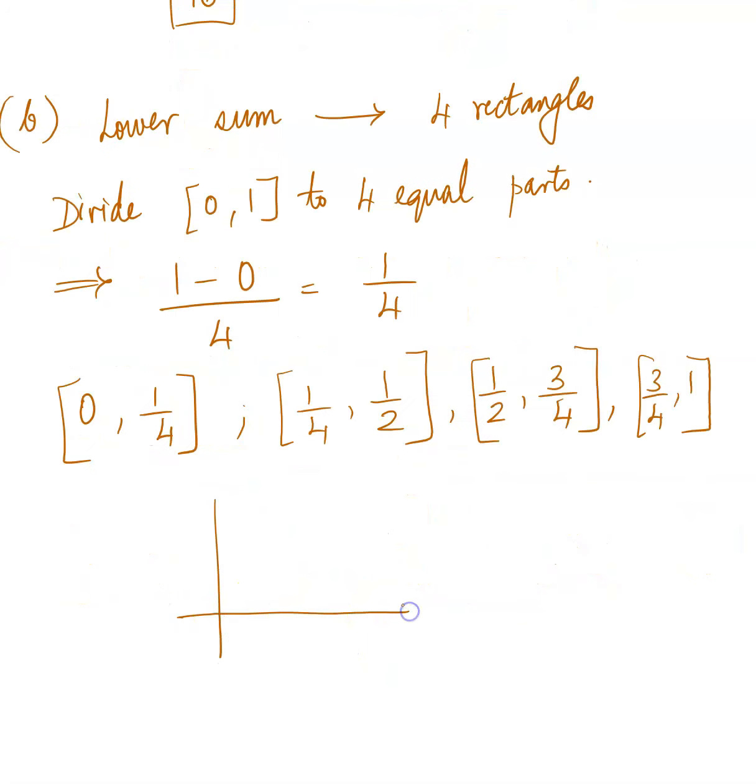Let's draw a rough sketch. So 1/4, half, 3 over 4. Let's stretch this. So I'll just fix this right here. Okay. So now once again we're going down under the curve. So this will be here. This will be the next rectangle. And the last one is here.